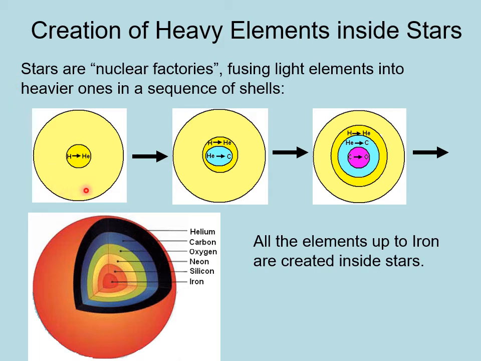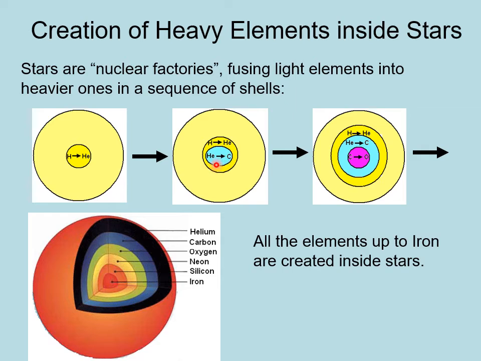So if you think of the way a star works, inside the core of the star, hydrogen is fusing to helium. So this is what's happening inside of our sun right now. Our sun is fusing hydrogen into helium to produce its energy. Well, what happens is later that helium that has been produced can actually fuse into carbon.